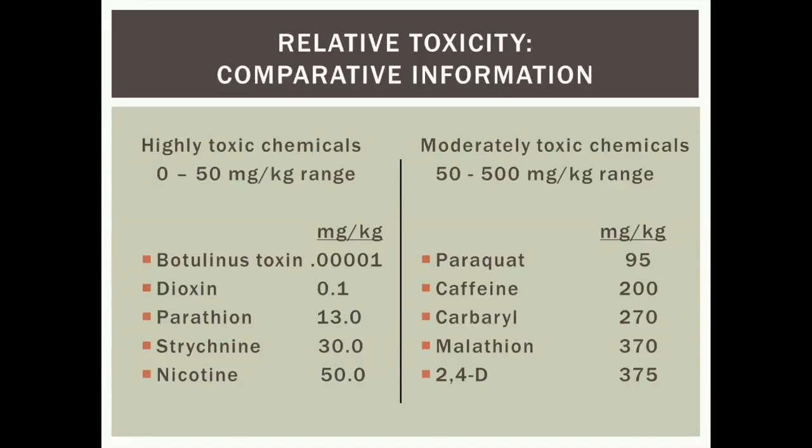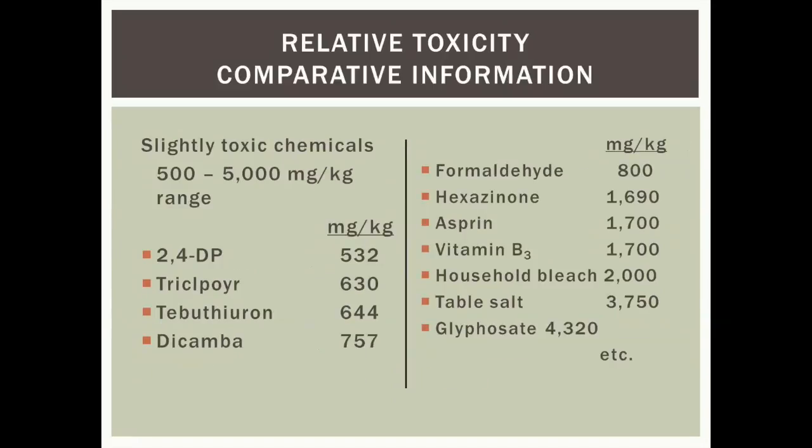Similarly, in the highly toxic chemicals, you might be surprised to see nicotine. Moving higher, we have slightly toxic chemicals in the 500 to 5,000 mg per kilogram range. Surprising again, on the right side we see aspirin, vitamin B, and table salt.